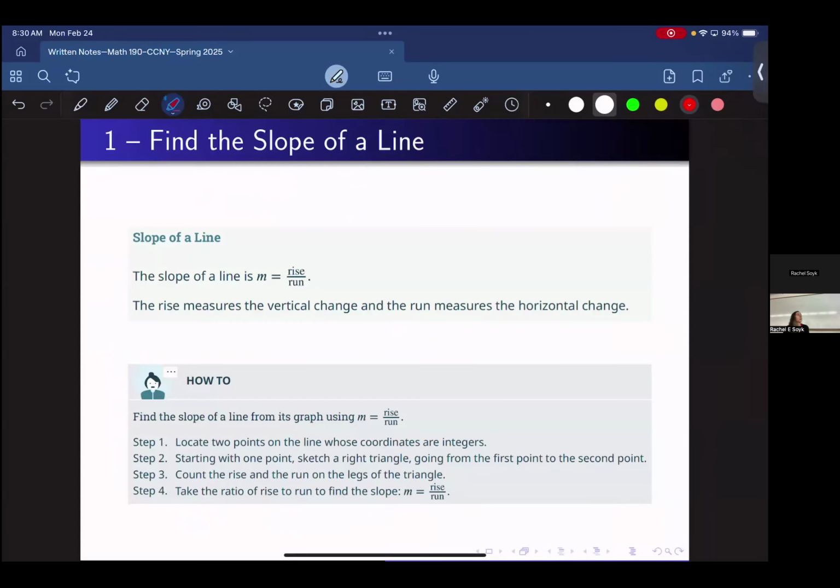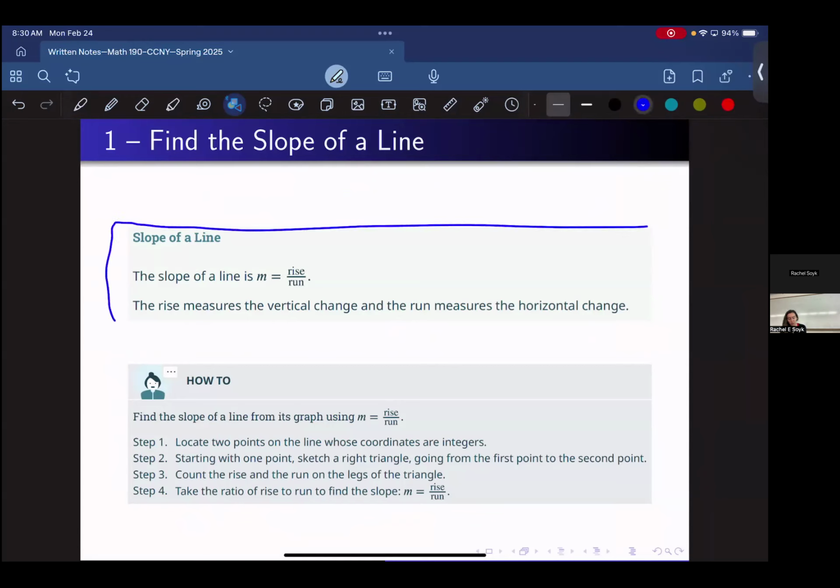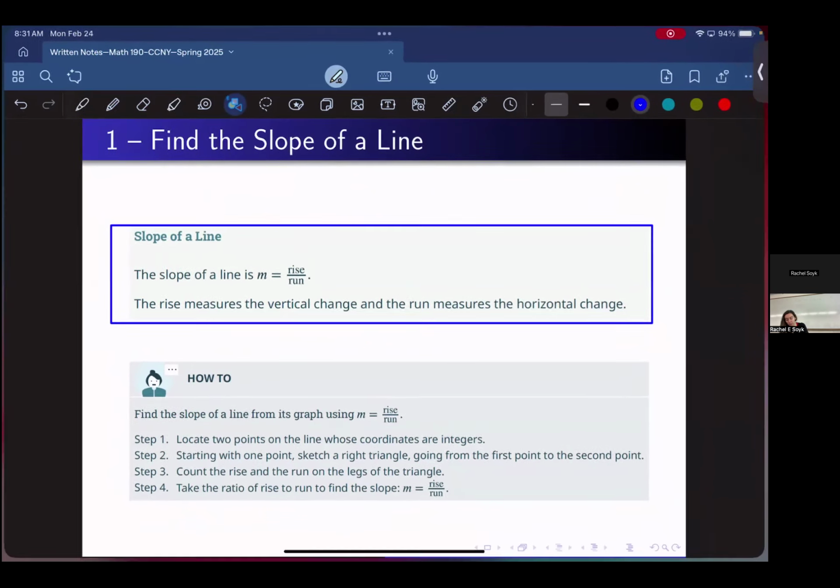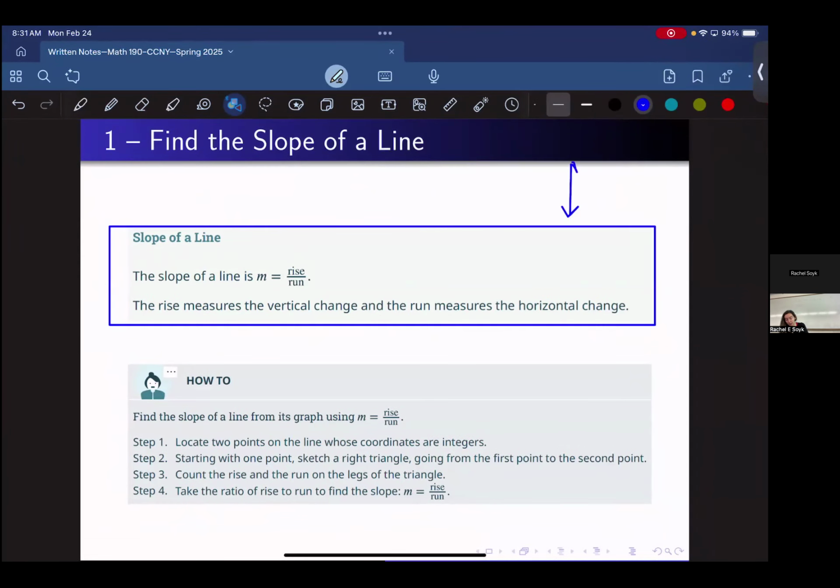So let's first talk about our slope more formally. What is our formal definition of a slope? Again, it's our rise over our run. It measures that vertical change, and the run measures that horizontal change. Vertical change on an X and Y coordinate plane is just our Y axis.